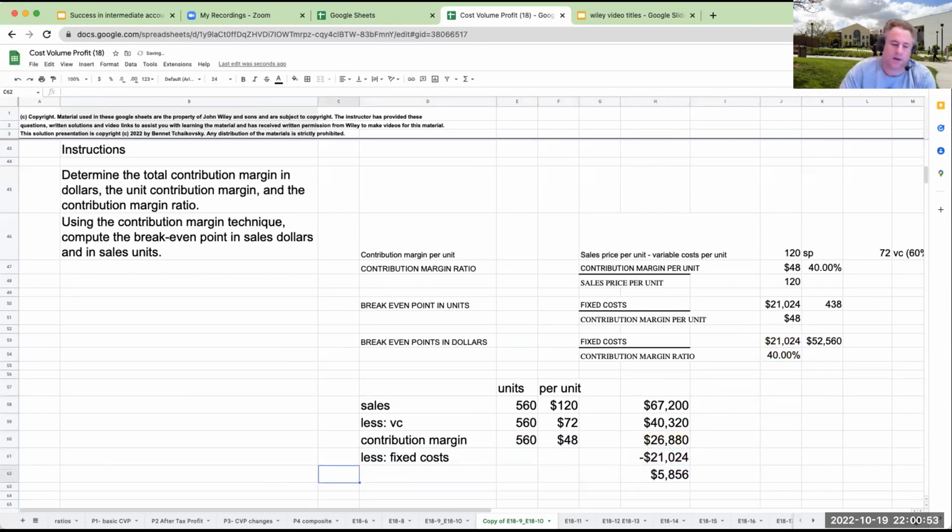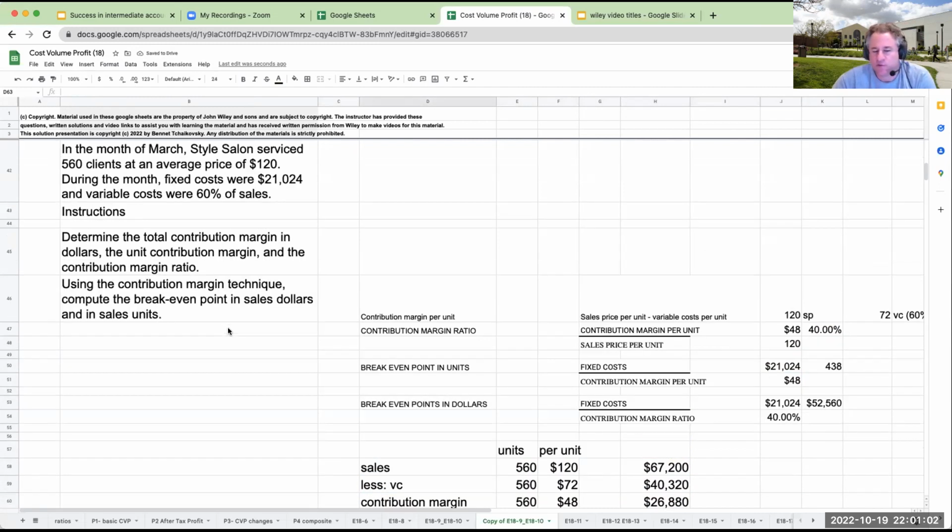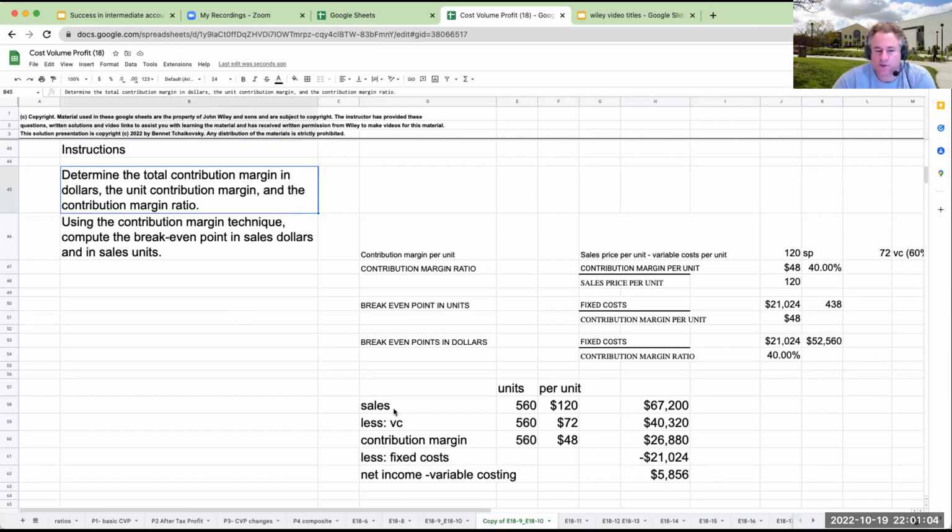And so my net income, using variable costing, is what it's going to be. So the total contribution margin in dollars is 26,880, and my contribution margin ratio is going to be 40%.